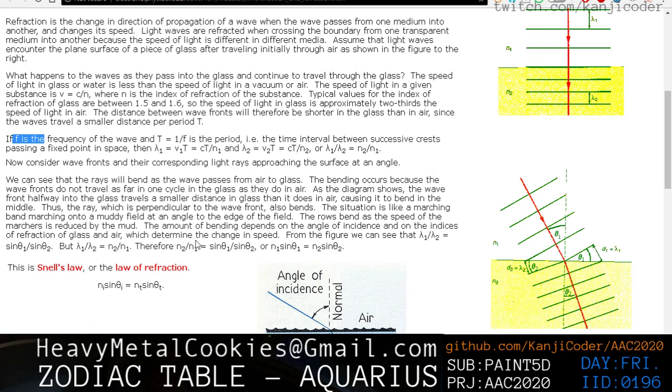Thus, the ray, which is perpendicular to the wavefront, also bends. The situation is like a marching band marching into a muddy field at an angle to the edge of the field. The rows bend as the speed of the marchers is reduced by the mud.